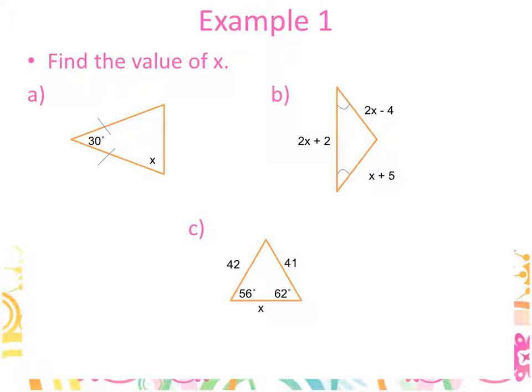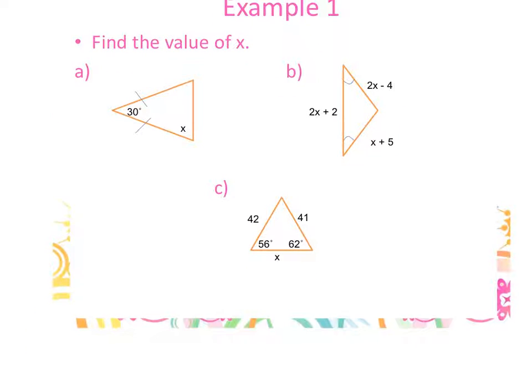All right, so now here's the application of what we've just learned. One thing I want to point out is when your variables or your expressions are inside the triangle, they're referring to an angle measure. So in this particular problem A, the x is inside, so it's looking for one of these base angles, because notice the congruency marks here on the side.